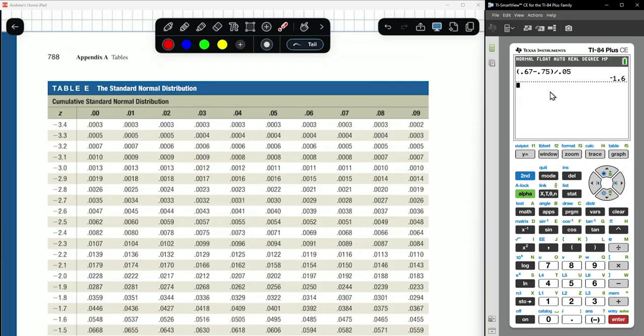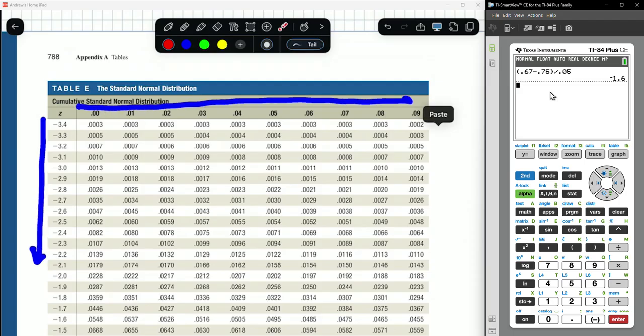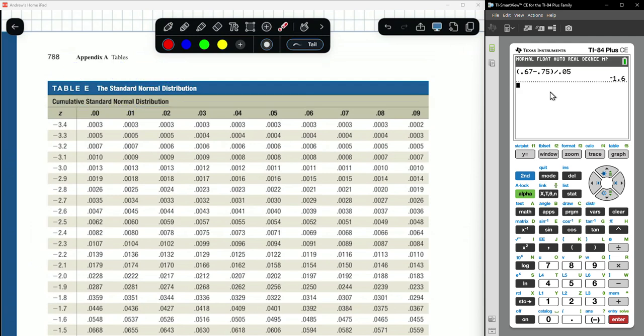And you'll notice it says Z, and you'll see numbers along the first column and numbers along that top row. And what it's doing is it's labeling your z-score out to 2 decimal places. So this is the first decimal place, this is the second decimal place.